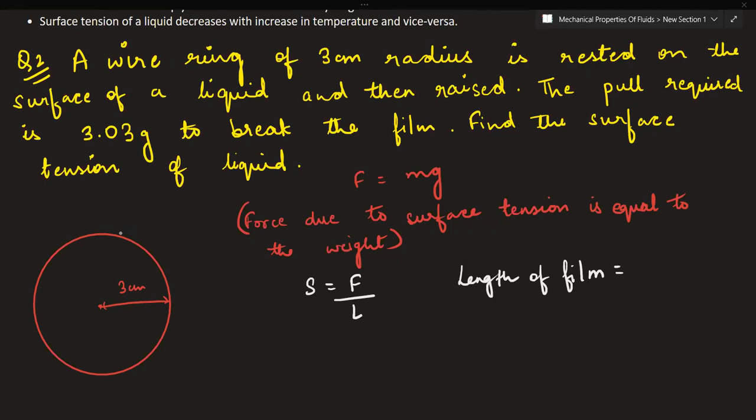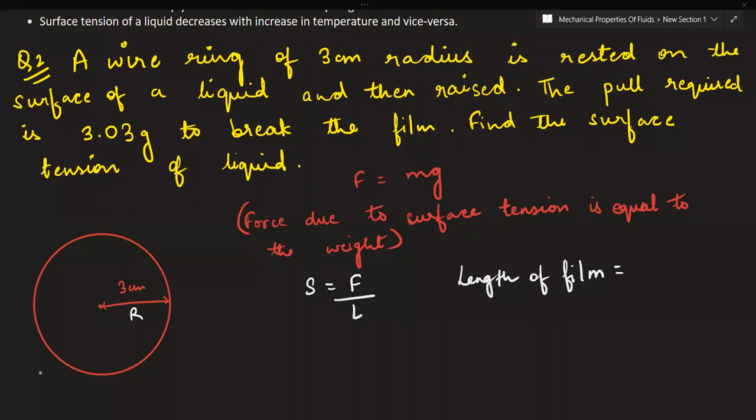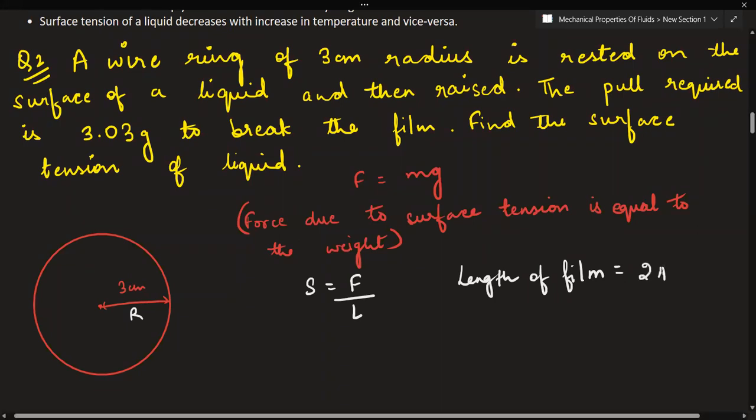So length should be the perimeter of it. If R is the radius, what should be the length of the film? It should be 2 pi r. Correct. It should be 2 pi r because r is the radius and this is the length of the film.